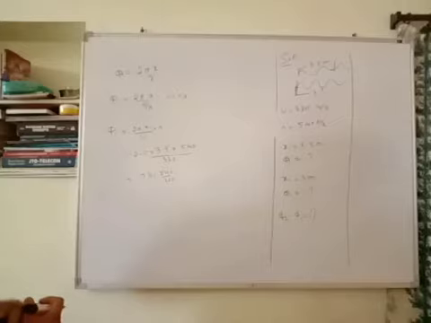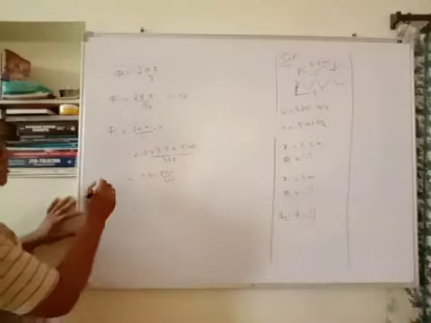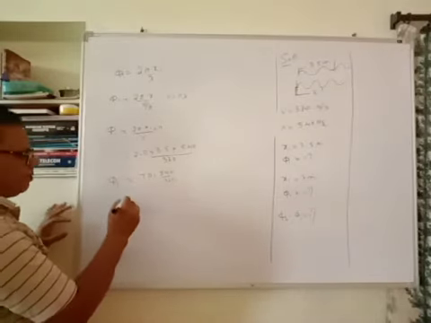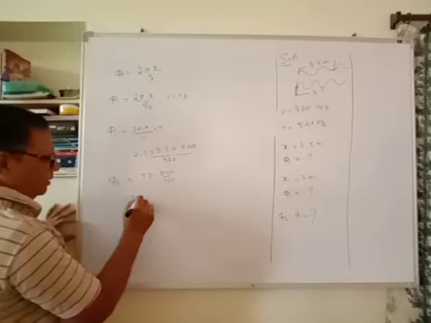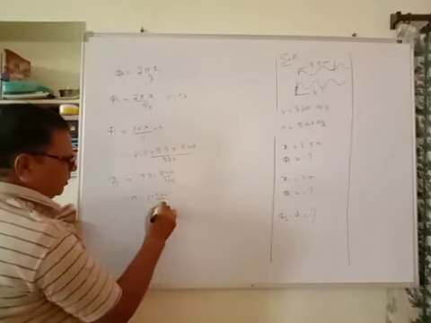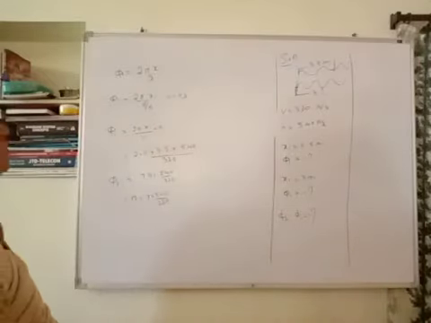Let us calculate the phase in terms of pi only. Which is equal to pi into 7 into 540 divided by 330.